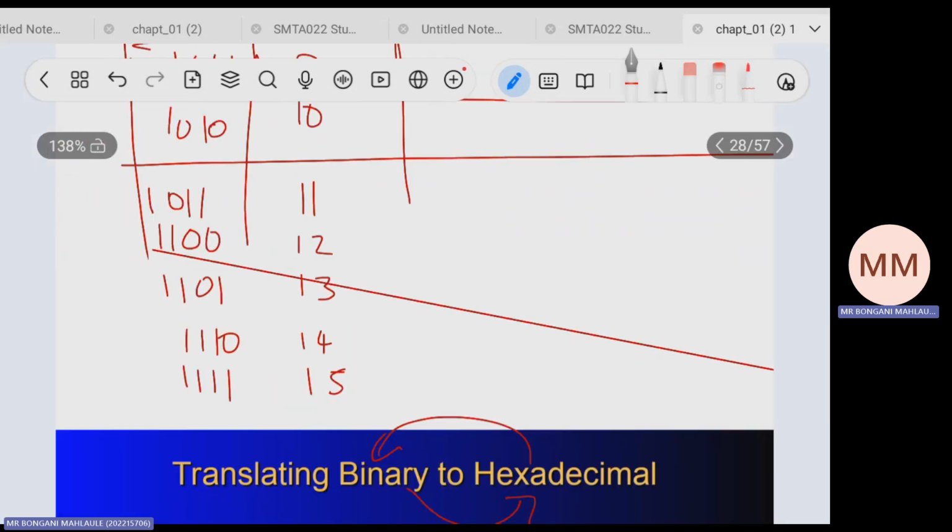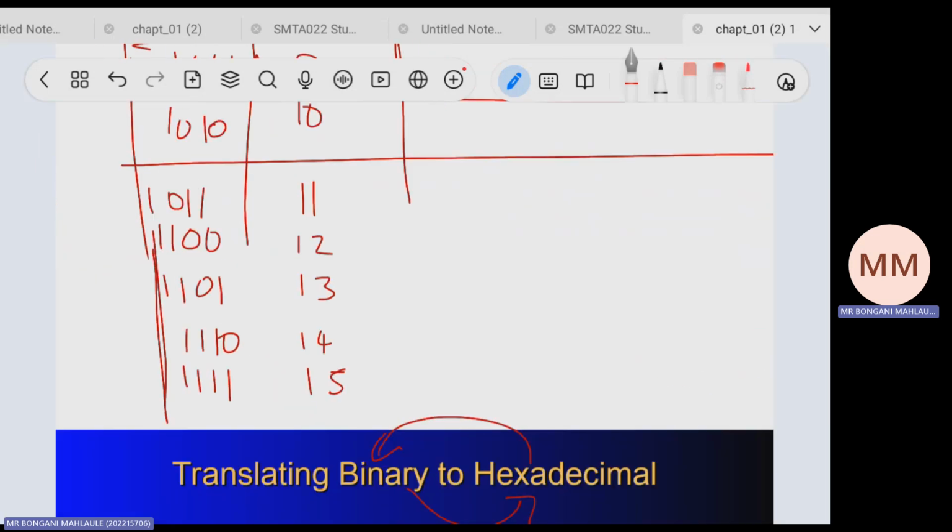So number 15, you must know that we're ending with this.